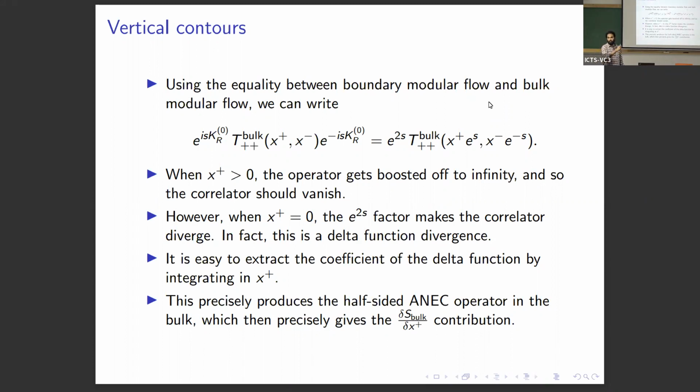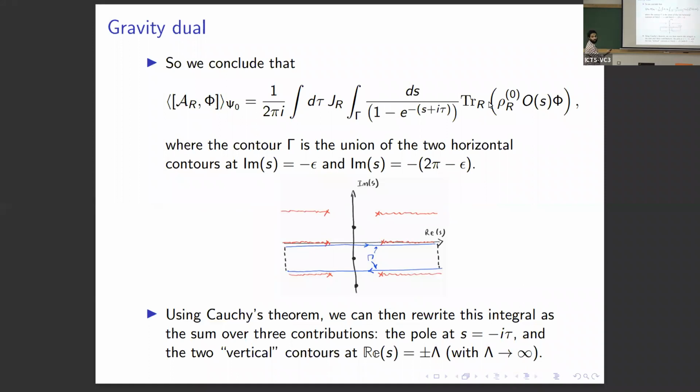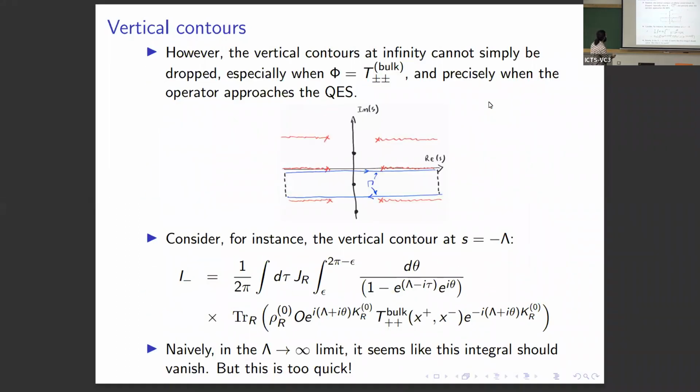Right. So this is in a holographic CFT. So I guess at some point I transitioned. Much of this is general, but when I try to compute this particular correlation function, I'm using bulk techniques to do that. First of all, I'm computing the 1-point function of a bulk operator. Secondly, I'm using the fact that around the thermofield double state, boundary modular flow equals bulk modular flow.